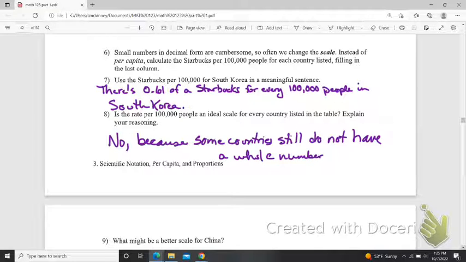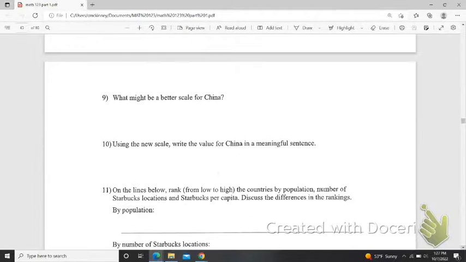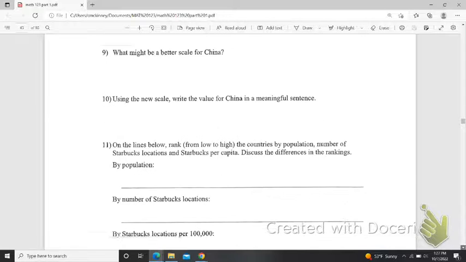Everything is still in a decimal. And I wouldn't want to round up from 0.61 all the way up to 1. That would be a pretty big jump.